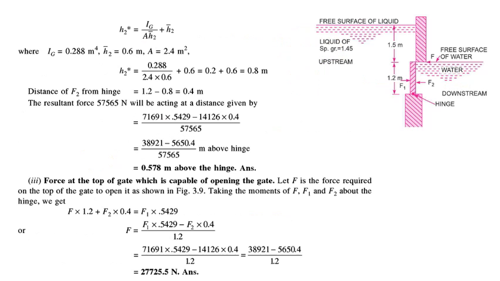They are using the formula as well, but if you simply use 2 by 3 of 1.2, I think you will get the same answer. So this answer should be 0.8 meters.